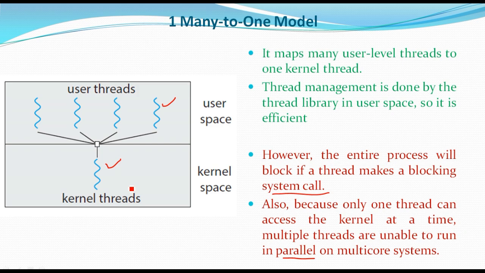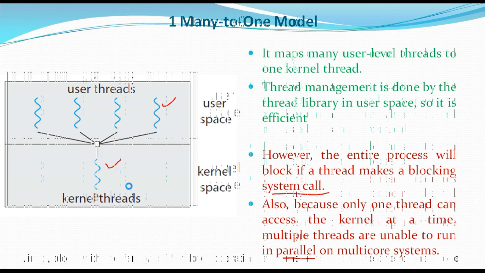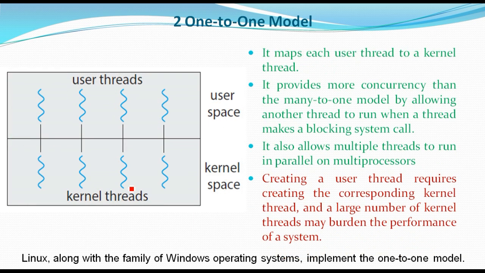So let us go to the second one and find out whether it is efficient or not. The one to one model maps each user thread to a kernel thread. If you see, there are multiple user threads and multiple kernel threads, and each user thread is mapped to one kernel thread.